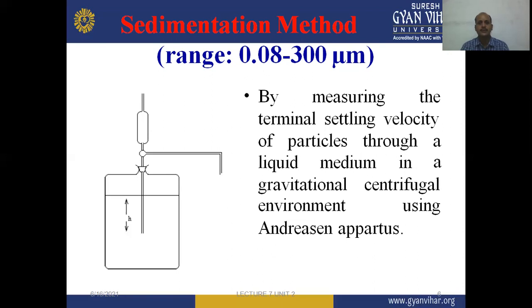First of all, we have to know what the velocity of sedimentation is, what the rate of sedimentation is, and how it is affected by different physicochemical parameters. The sedimentation method is generally applicable for 0.08 to 300 micrometer particle size. By measuring the velocity of sedimentation, we can determine the particle size of different dispersion or suspension systems.